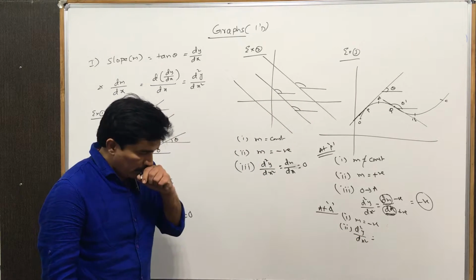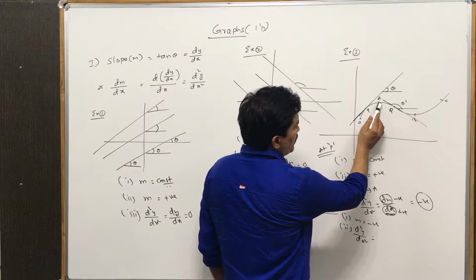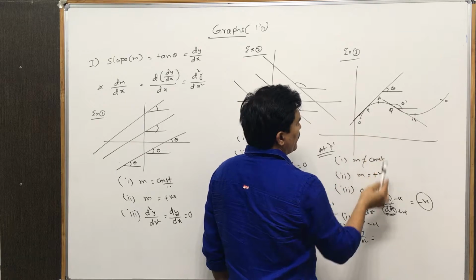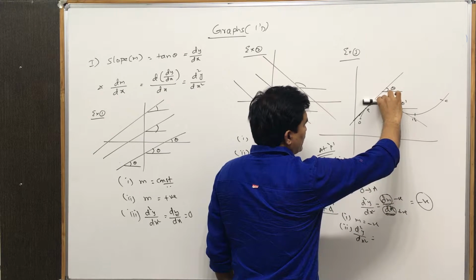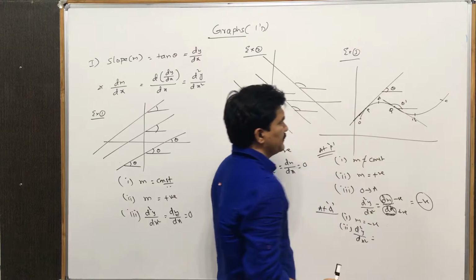Then what about the d square y by dx square value? Here, if you observe carefully, as I am moving from A to somewhere Q, at A the tangent is like this, later the tangent is like this, later like this.